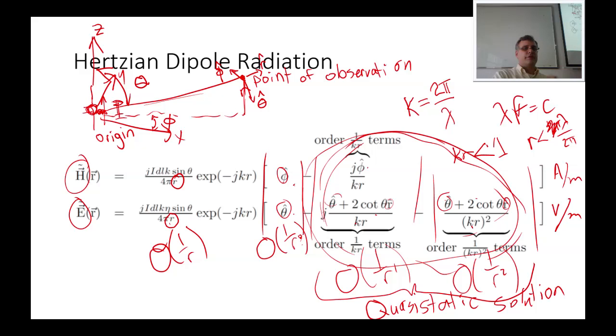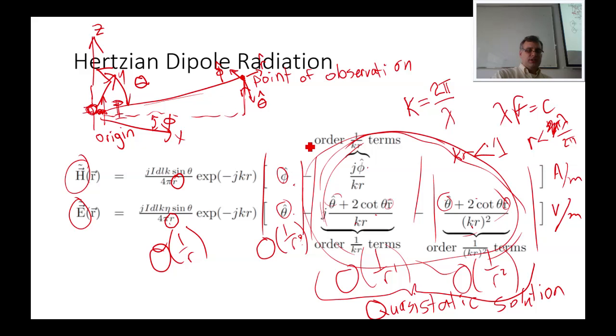We call them quasi-static because really this is an oscillating system. This current is going back and forth and back and forth. But the magnetic field is circulating around, and it's essentially like taking the static solution and slapping a cosine 2 pi ft, an oscillating term, next to it.